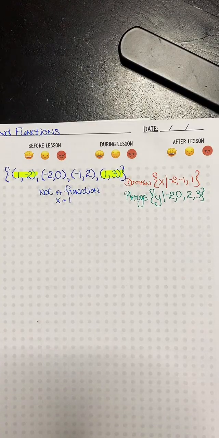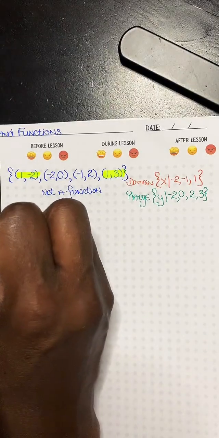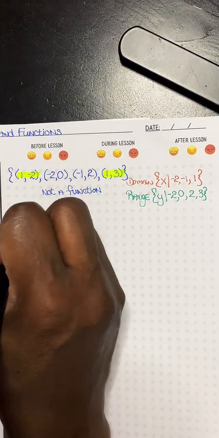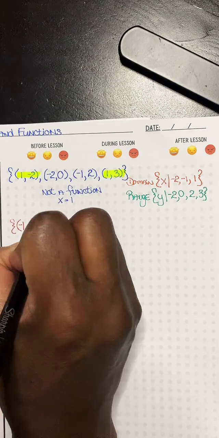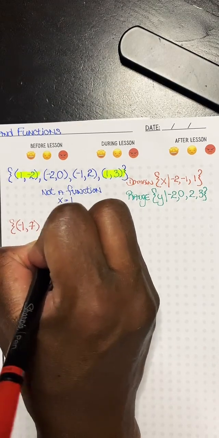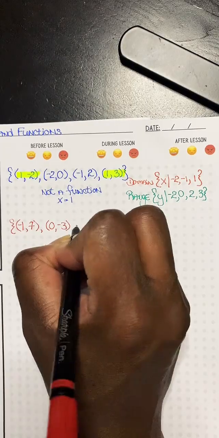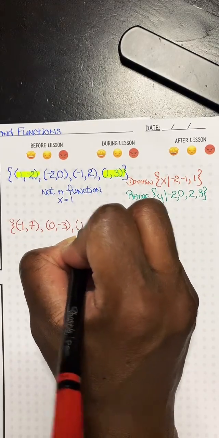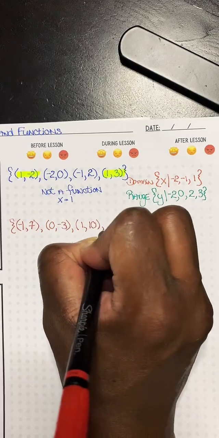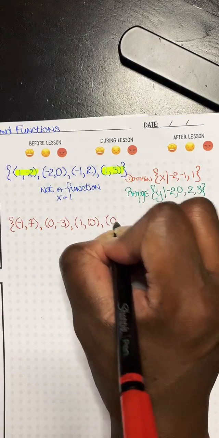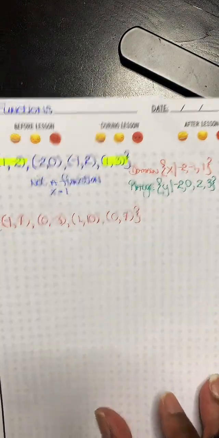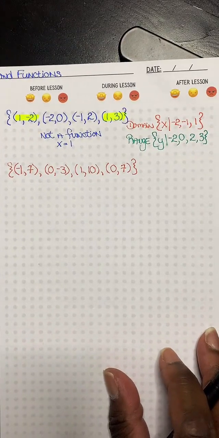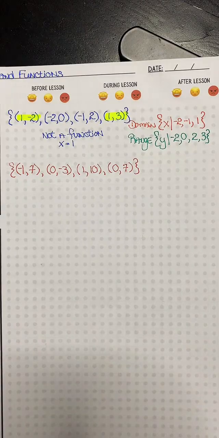Let's go with: I have -1, 7; 0, -3; 1, 10; and 0, 7. So, is this a function? Yes or no?